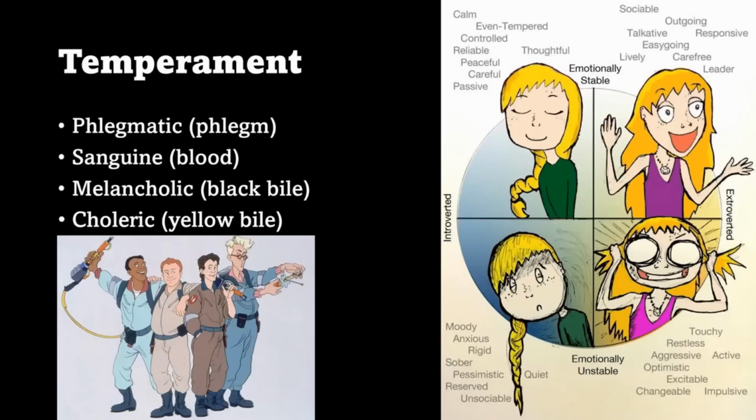Turtles, for example, who have we got? Well, I think Michelangelo is the sanguine character. He's the more fun-loving one. Raphael is choleric, more of a temper, more snarky. Donatello is much like Egon Spengler there, is the melancholic character.